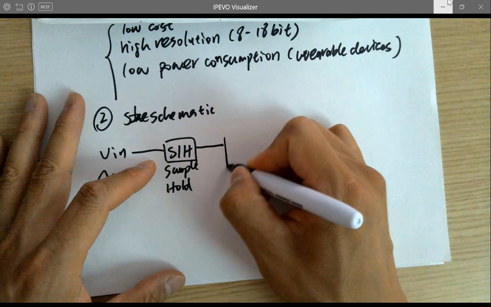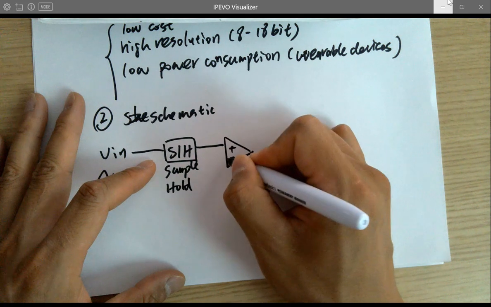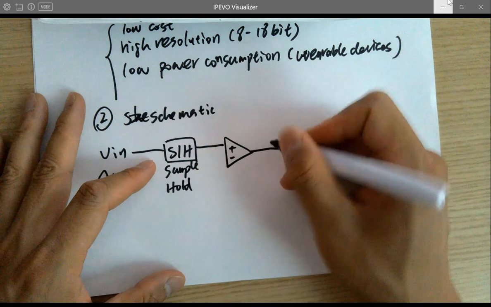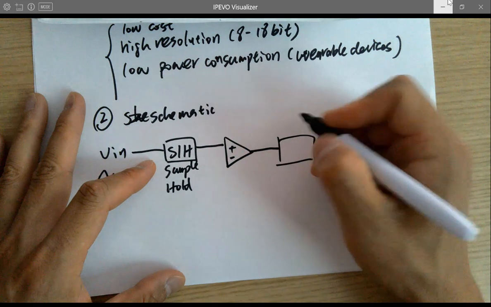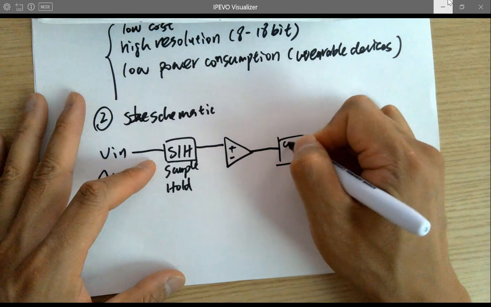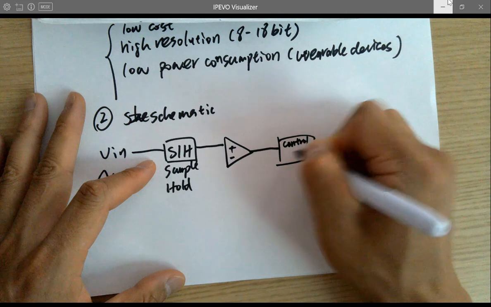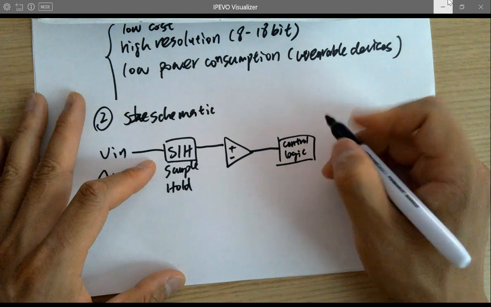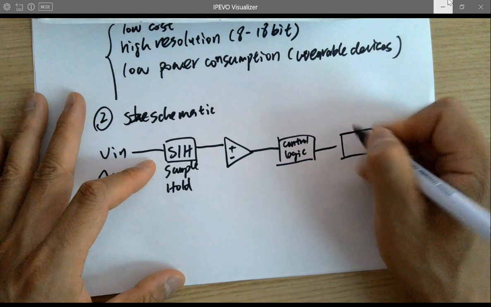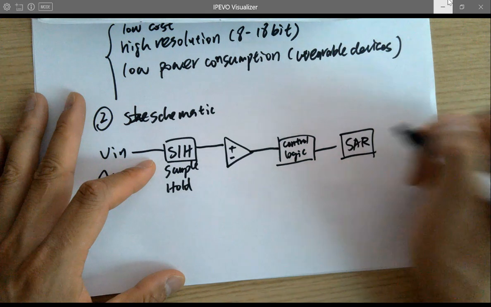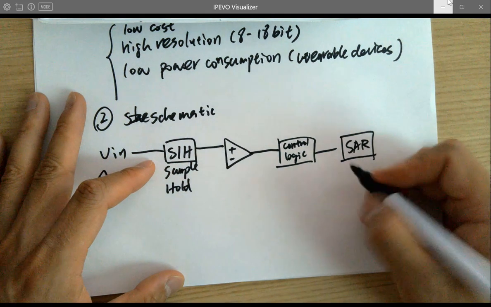The sample-and-hold feeds into a comparator. The comparator is an op-amp, and there's some control logic behind it. Then the SAR logic is just D flip-flops wired up in a certain way.